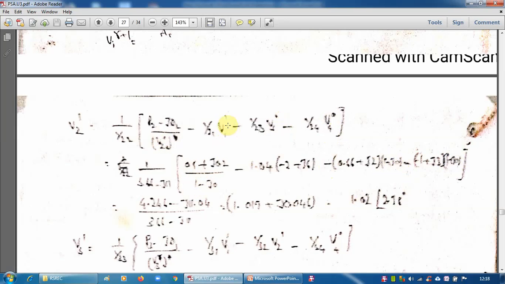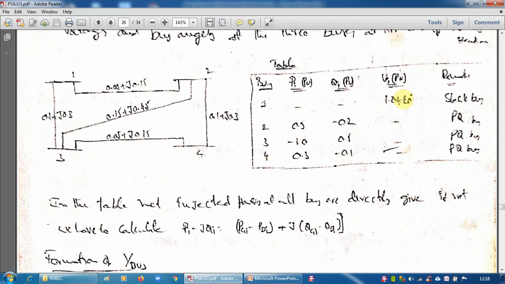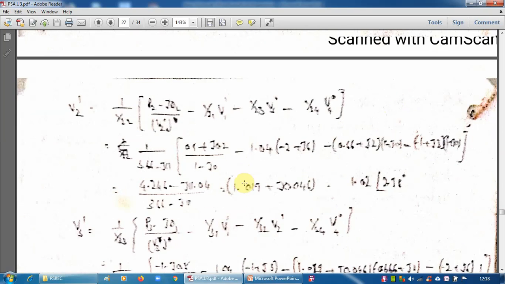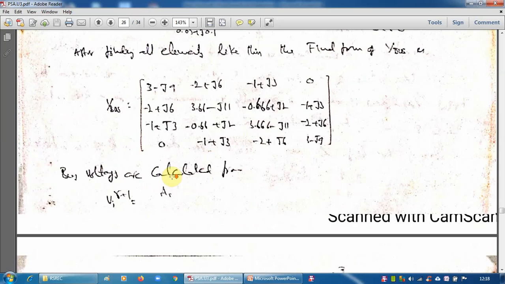Next, V1, for V1(1) or V1(2), anything, we use 1.04 plus j0 for V1 only, the slack bus. This value is used here. And these are all Y bus values: Y21, Y23, Y24. Y21 is this: minus 2 plus j6.